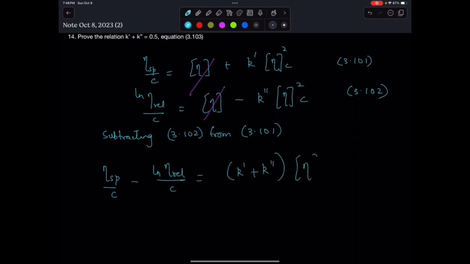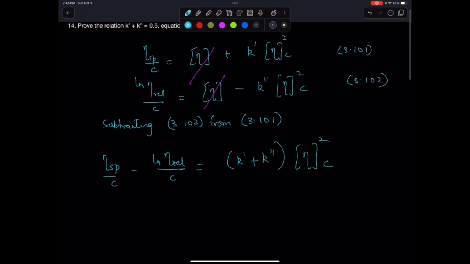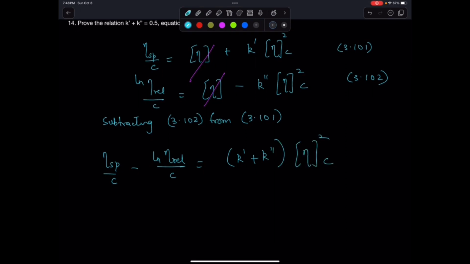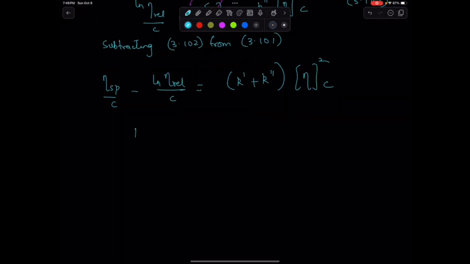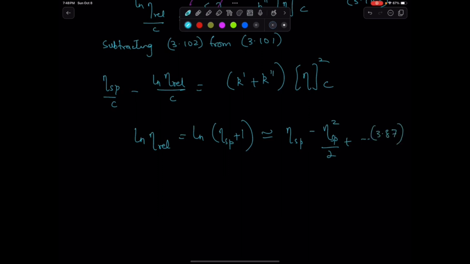So we did this so that we can get the K prime plus K double prime factor. Ln eta relative is also given as ln of eta specific plus 1, which is approximately equal to eta specific minus eta specific squared by 2 plus so on, and that's equation 3.87.